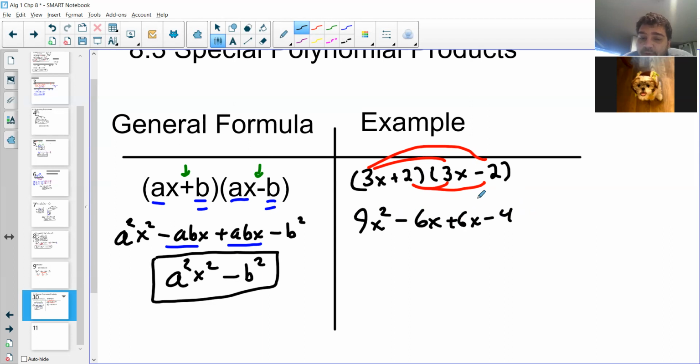So this is with actual numbers. Now notice in the middle, we have a negative 6x and a positive 6x. Negative 6x and positive 6x cancel out.